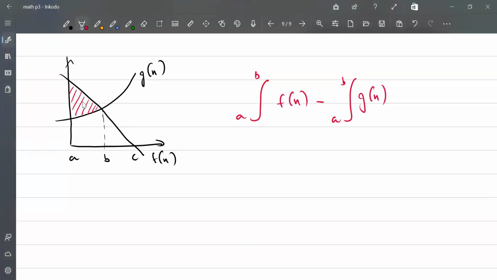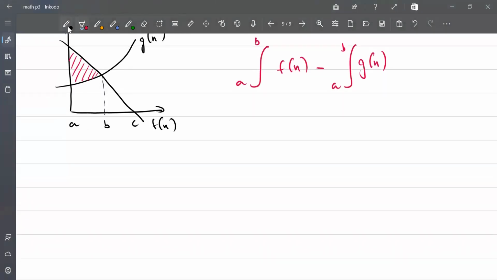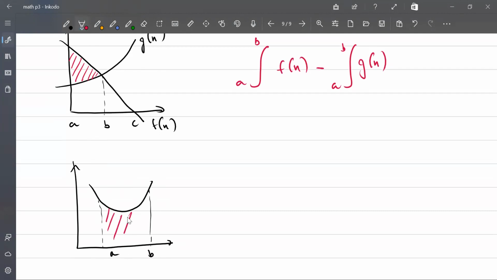This would give us the area of this shaded region. Now let's say we have this area that needs to be found. So it would simply be the integral from a to b of f(x). So this is how you find area under the curve.